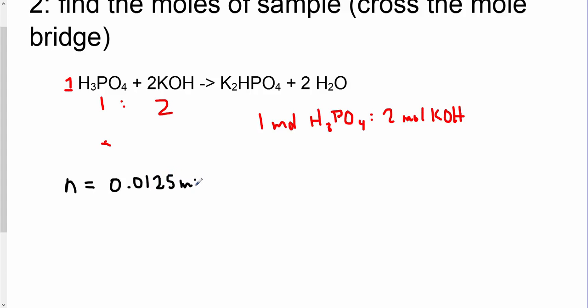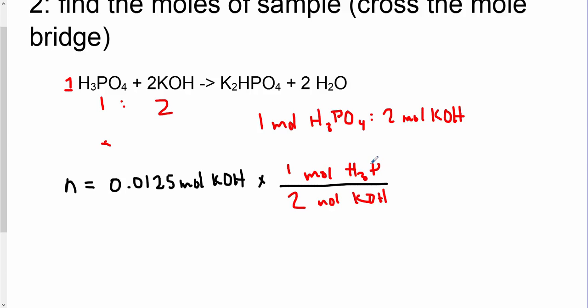That's how much standard we added in the titration. Okay, and now we're going to use our mole ratio here. And I'm going to be careful to put my moles of potassium hydroxide on the bottom, in the denominator of my conversion factor, because I want to cancel out moles of potassium hydroxide, and I want to get into moles of phosphoric acid, which is my sample.